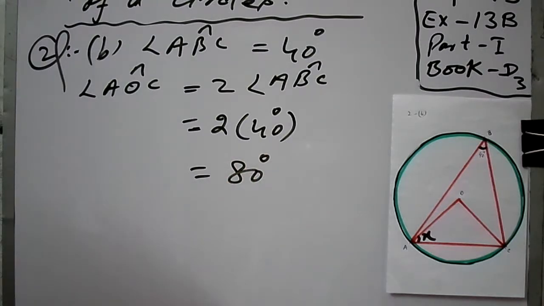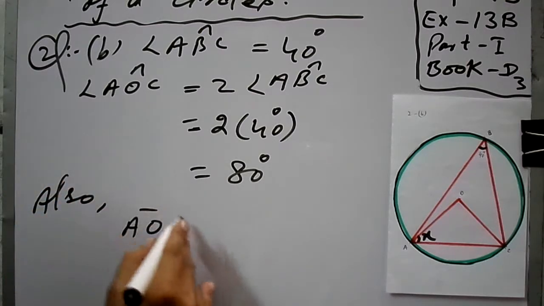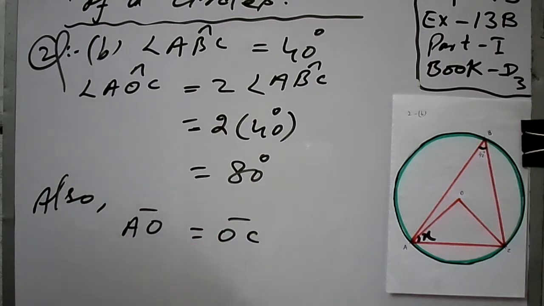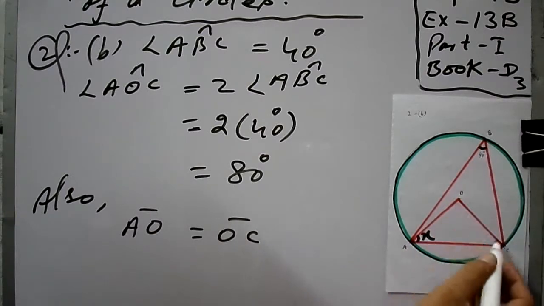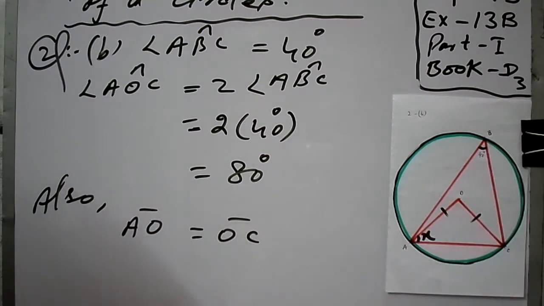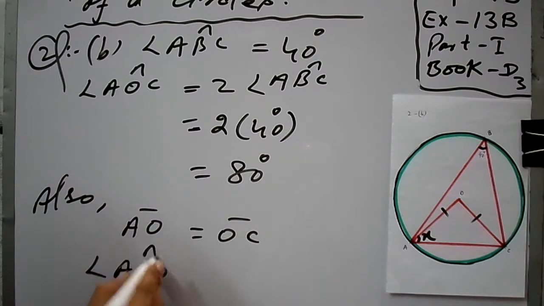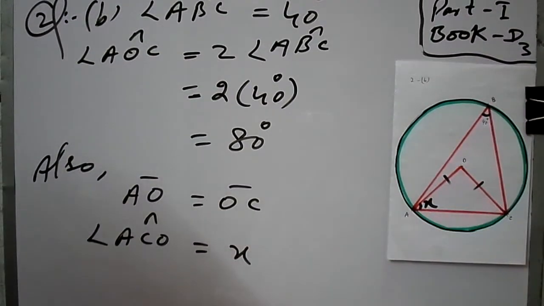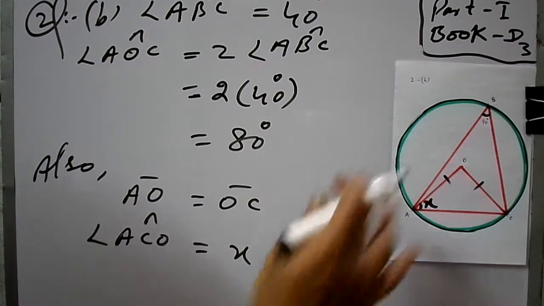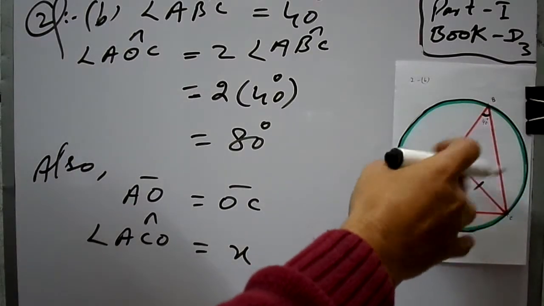Similarly, if we go further, the AO side must be equal to the OC. This side is equal to this side. And angle ACO is equal to X. So we can say that the sum of interior angles must be equal to 180.